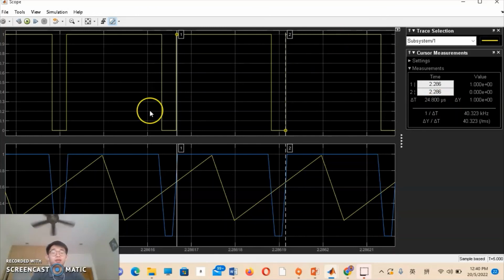So basically, we divide the on time of the gate signal by the period of the gate signal to obtain the duty cycle, and this will be compared later with the calculation during my presentation.